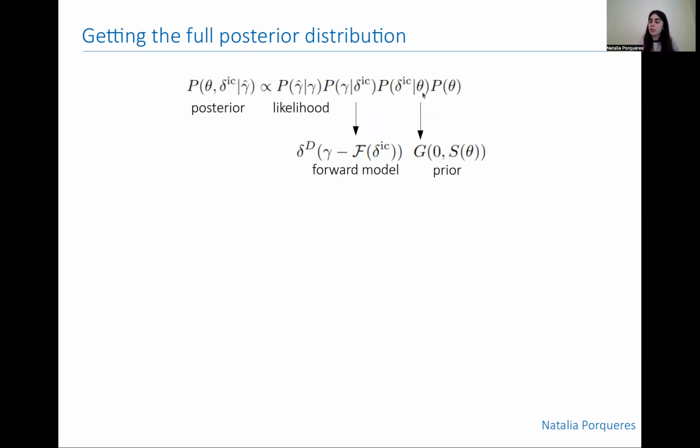And that's the Gaussian prior that has a covariance matrix that is basically the power spectra of the initial conditions. So that depends on the cosmology. And the last term here is the prior on the cosmological parameters, which we just use a uniform prior.